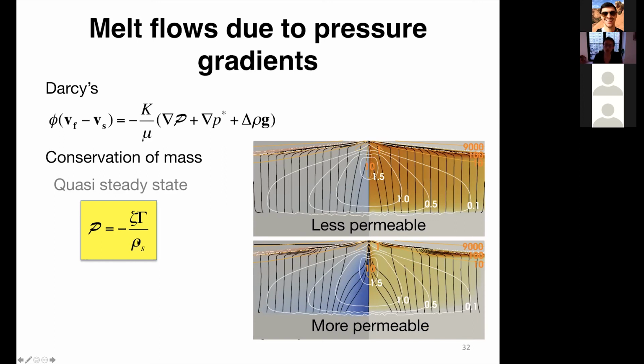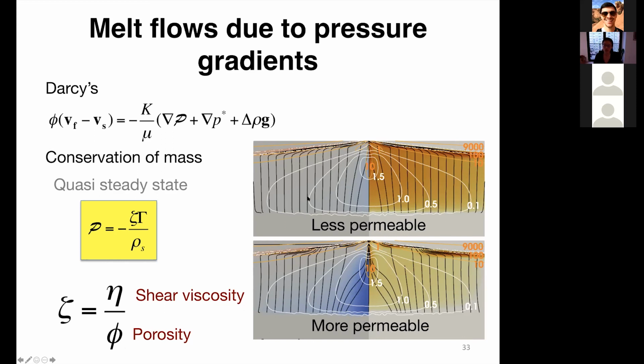The solid density doesn't change in these models, and neither does the melting rate gamma. As you can see, the white contours here are the melting rates, so they don't really change very much between the less permeable case and the more permeable case. So what really matters is the bulk viscosity. And in this case, the relation we use is that bulk viscosity is shear viscosity over porosity.